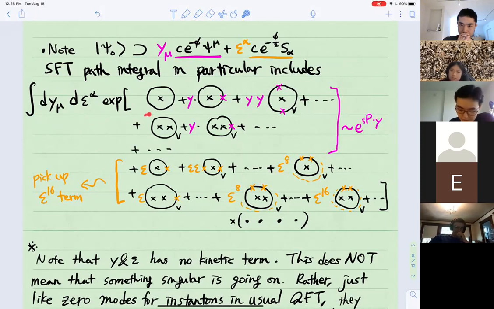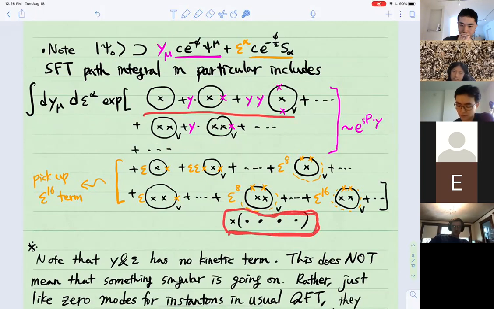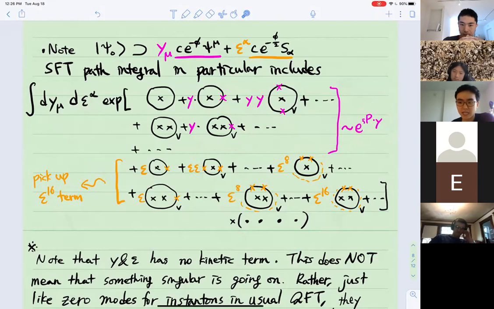And you have all these diagrams where you can have arbitrarily many insertions of y's or this mode. What they do is that they simply bring down a power of momentum for the closed string. So these things, once you are evaluating the expectation value of some quantity, are what give the e to the ipy type dependence.